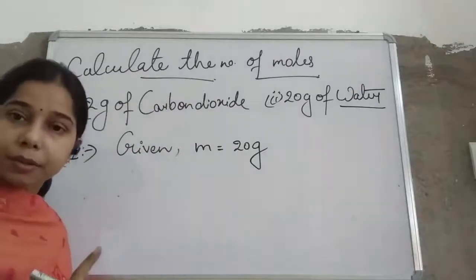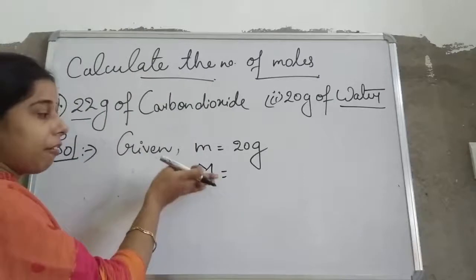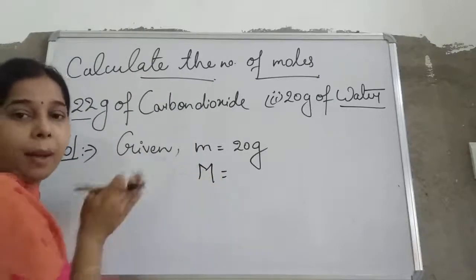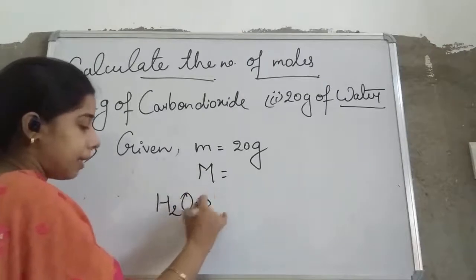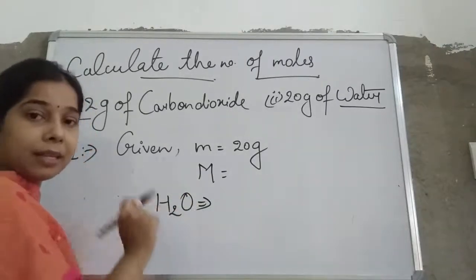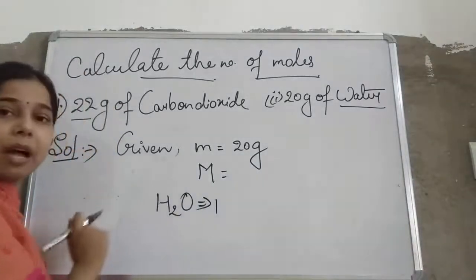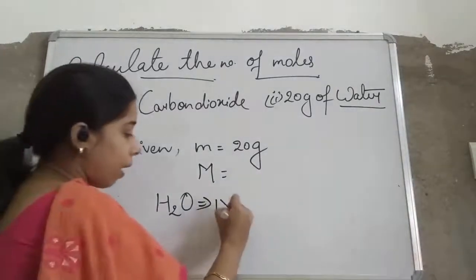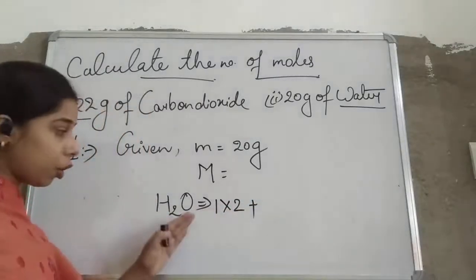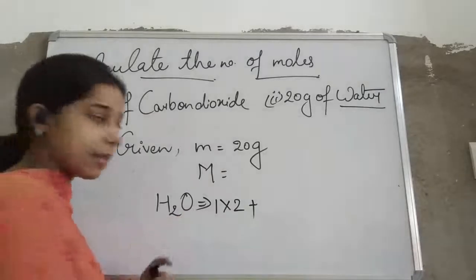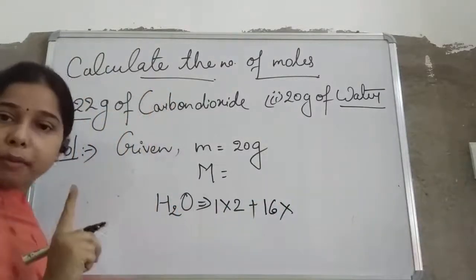That is water, which helps us to get the value of capital M. So capital M for H2O: the atomic mass of hydrogen is 1 and the number of atoms attached with hydrogen is 2, so 1 into 2, plus oxygen, whose atomic mass is 16 and the number of atoms attached with oxygen is 1 only.